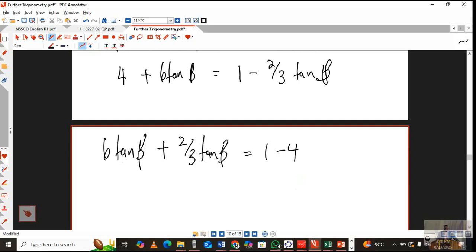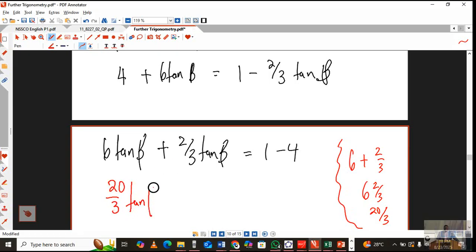Now, of course, you can grab a calculator to add those coefficients, but I expect at this level that a person can add this: 6 and 2/3 becomes 20 over 3. This is very important that you can do that. Of course, you can obviously use a calculator, but I want to show you where I get my 20 over 3 from. So this is 20 over 3 tan beta is equal to -3.